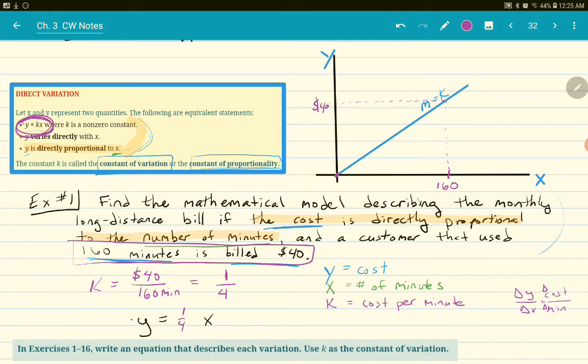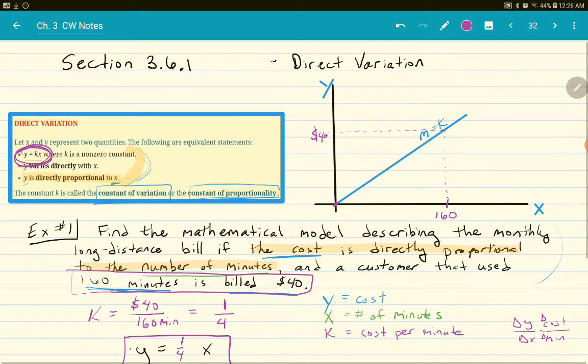That's similar to slope-intercept form where I just have to fill in the slope and the intercept, except here the intercept is always 0, so I just have to fill in the slope, which is k. So there's my mathematical model describing that long-distance bill.